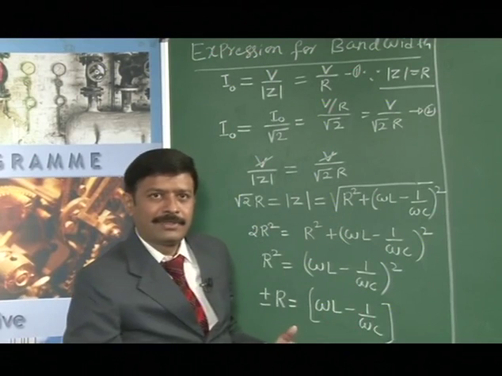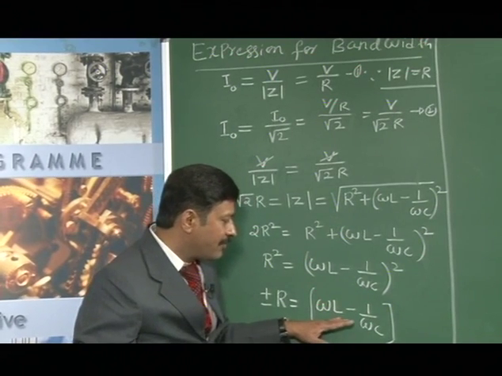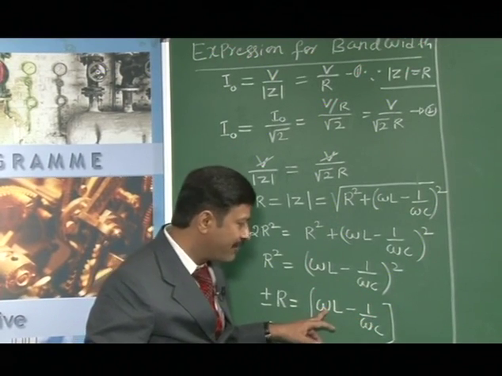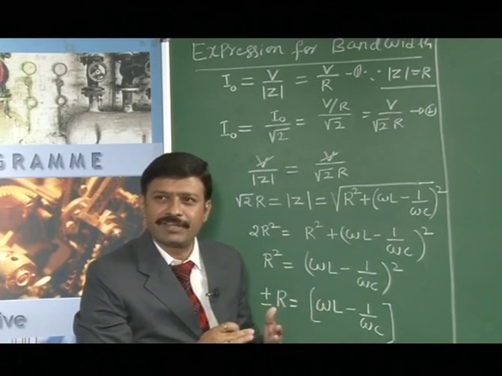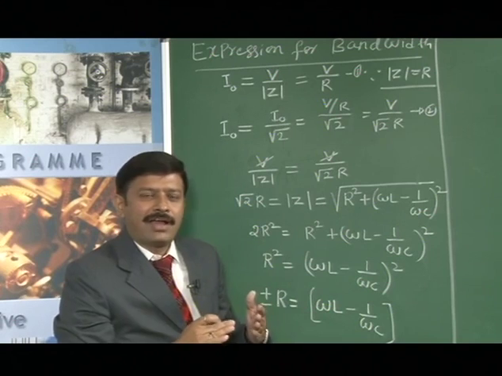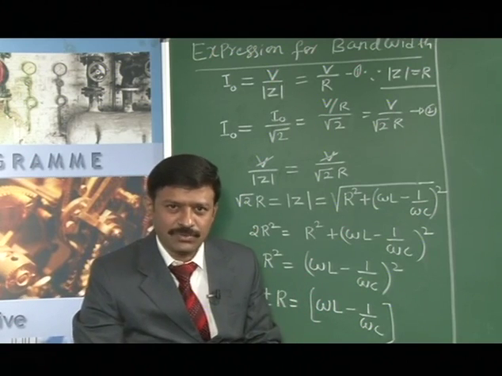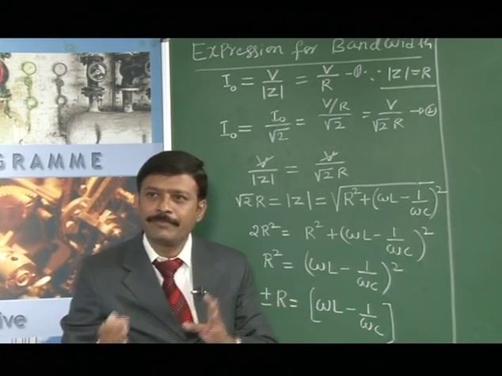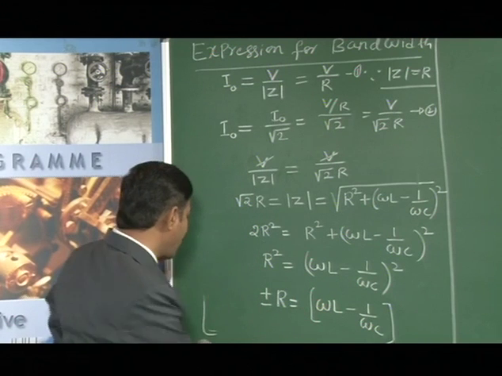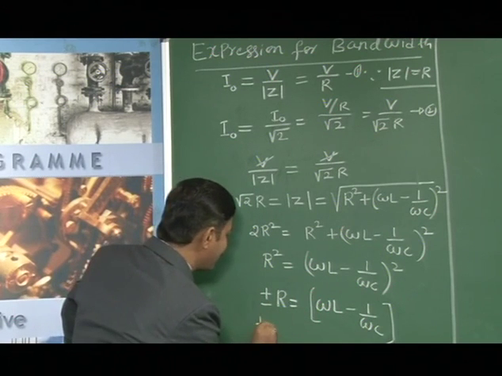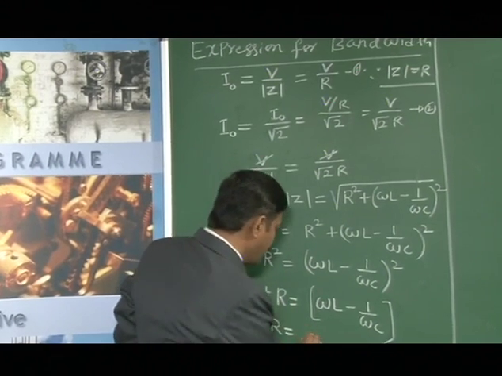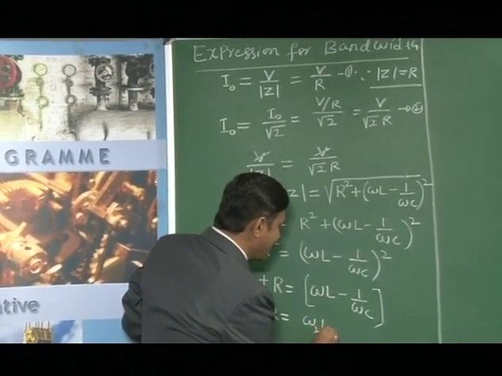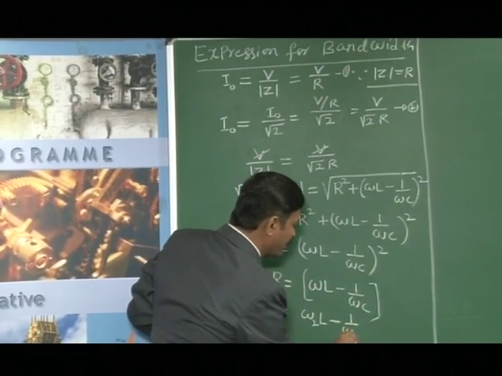Here, we have two frequencies: one is the higher cutoff frequency, another one is the lower cutoff frequency. I will form two expressions for this, one for plus R, another one for minus R. So, I will write the plus R expression as omega 2L minus 1 by omega 2C.